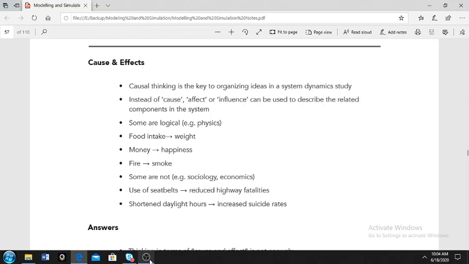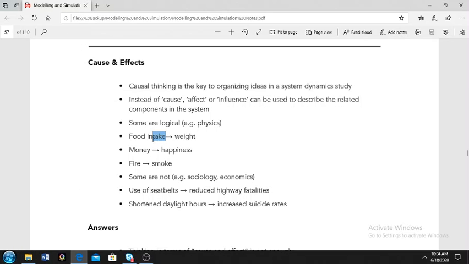Causal thinking is the key to organizing ideas in a system dynamic study. Instead of cause, affect or influence can be used to describe the related component in the system. What do we mean here?